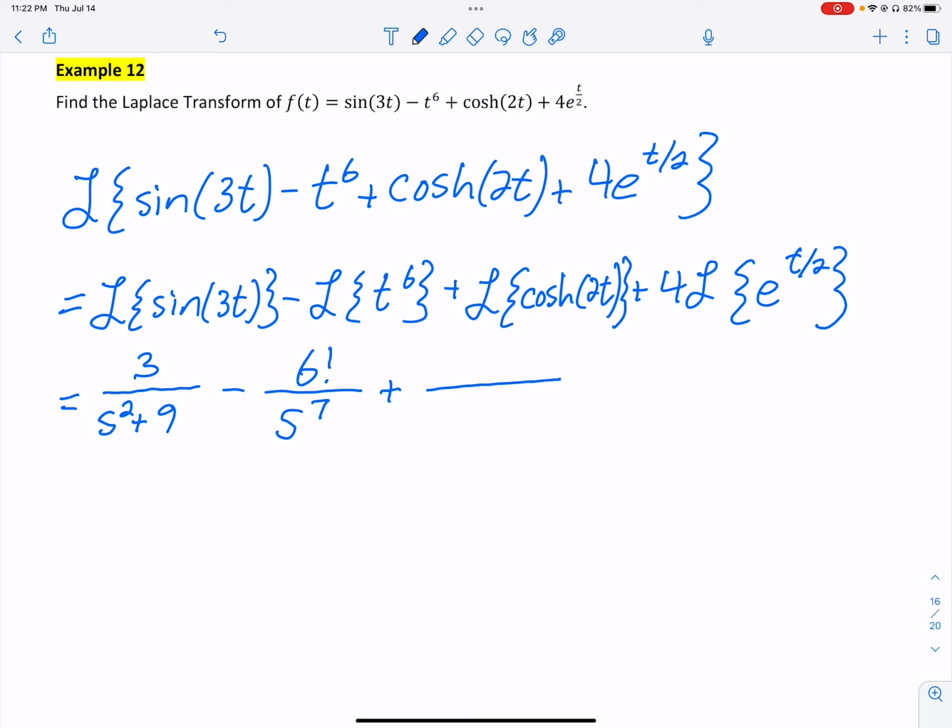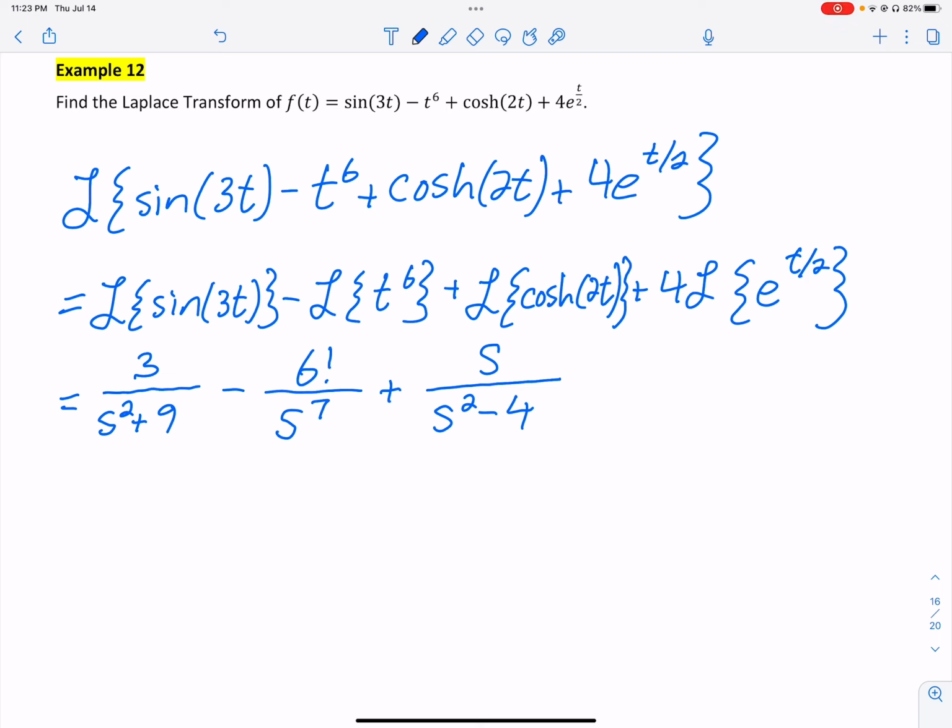Right, the hyperbolic cosine, remember that's going to be s squared minus 4, that's k squared, and then cosine has the variable on top, not the constant. Right, so got me double checking that now. So use a table for all this, yeah, that's right.